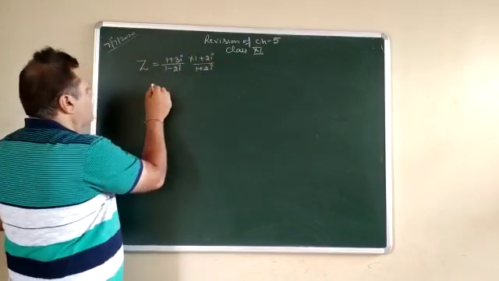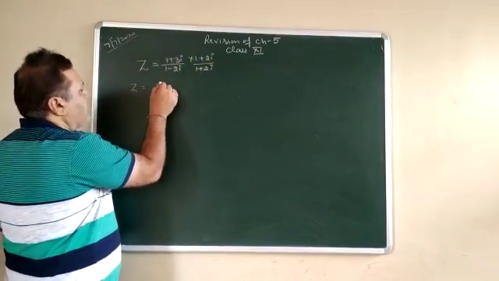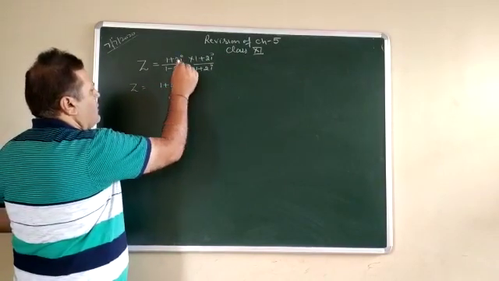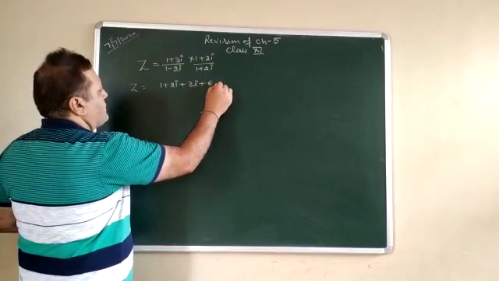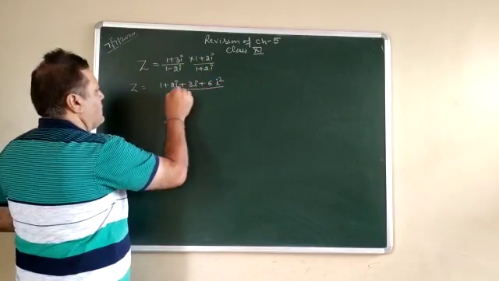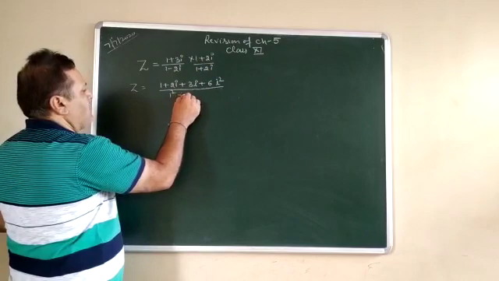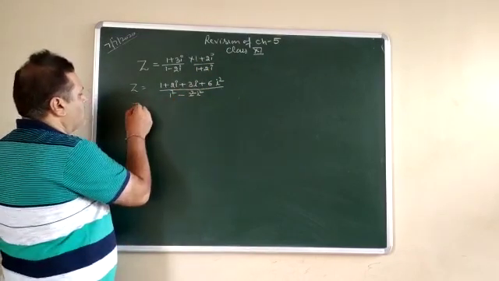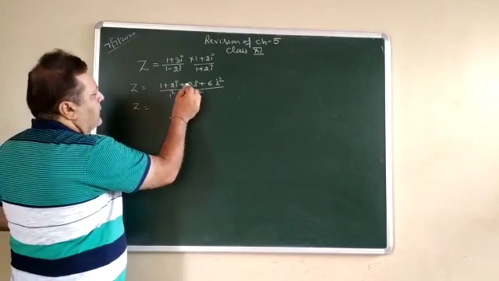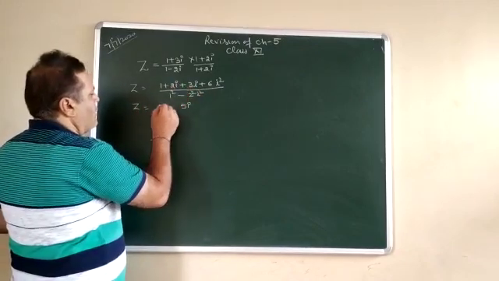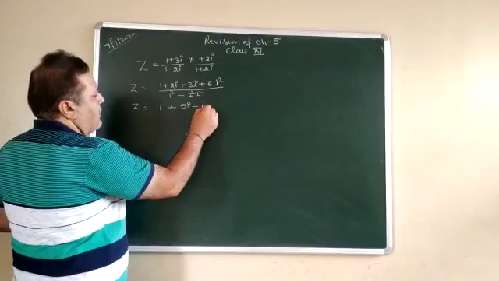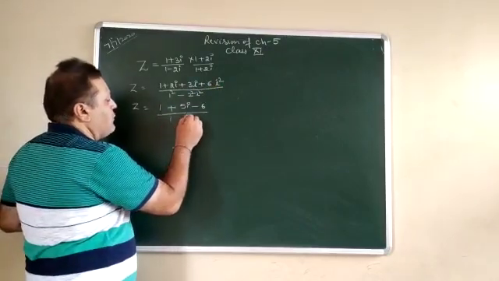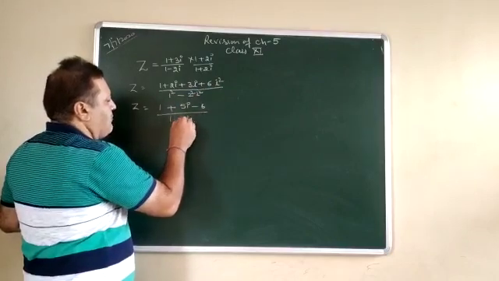Now on multiplication, complex number z is (1 + 2i + 3i + 6i²) upon a² - b². So z is equal to 3 + 2, it is 5i: (1 + 5i - 6) upon (1² - 2²i²), 1 square is 1, 2 square is 4, i² is -1.